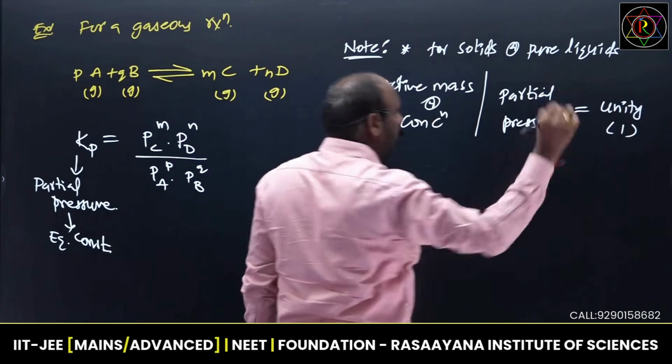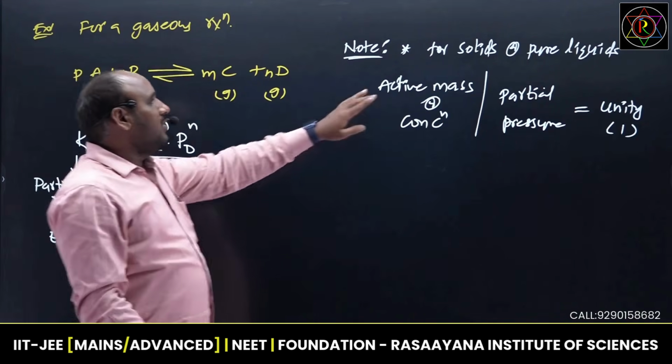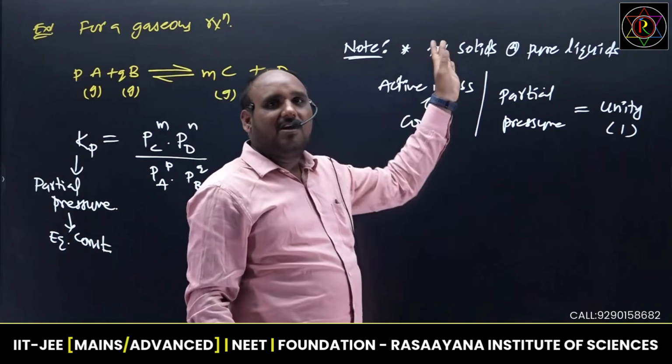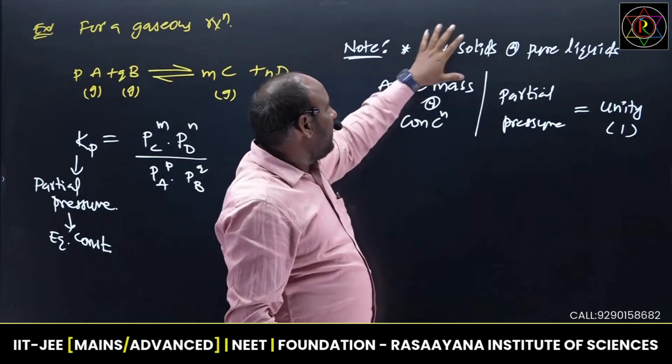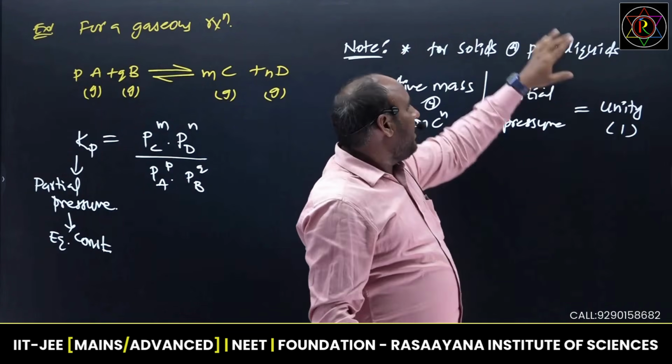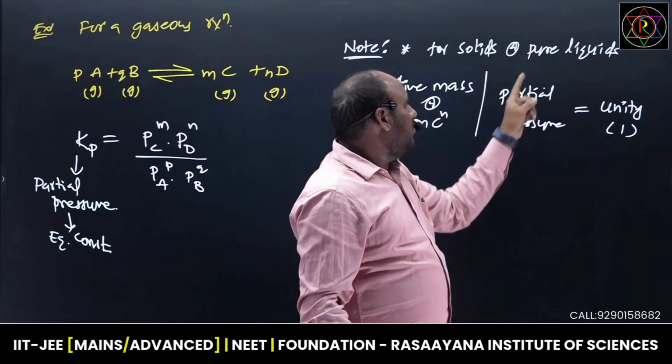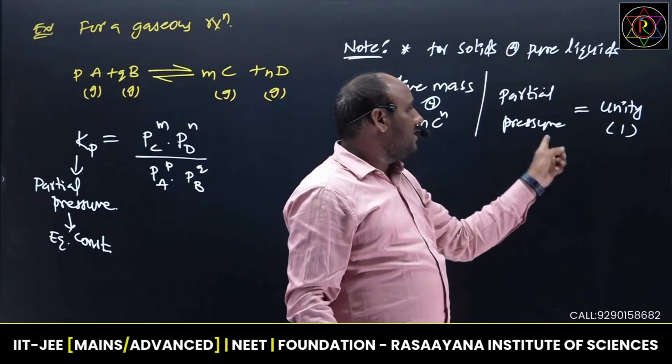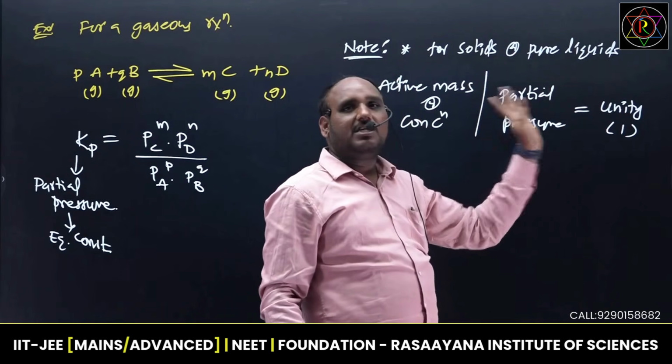That means 1. So, important note: whatever solid substance is involved in equilibrium, its active mass or concentration will be considered as unity, and if it is a pure liquid, its partial pressure or concentration will be considered as unity.